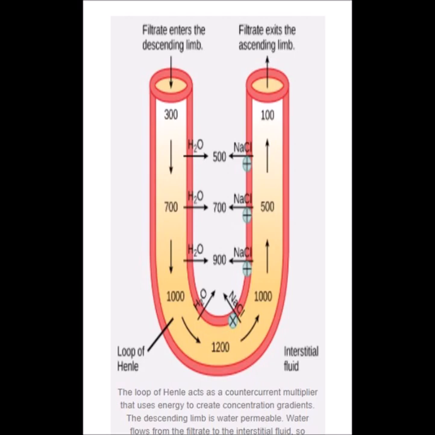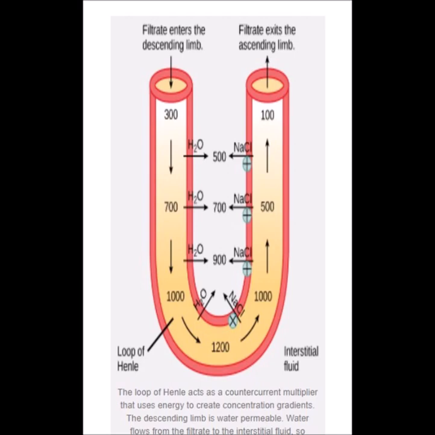Now let's talk about tubular reabsorption and secretion. Tubular reabsorption occurs in the PCT part of the renal tubule. Almost all nutrients are reabsorbed, and this occurs either by active or by passive transport. Reabsorption of water and some key electrolytes are regulated and can be influenced by hormones.